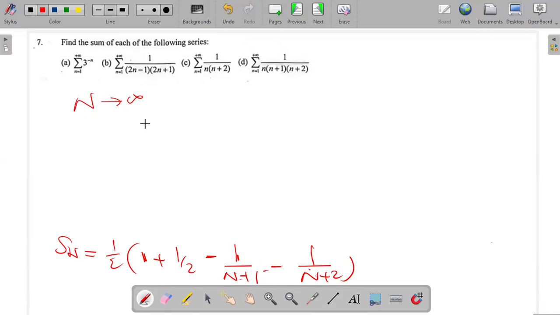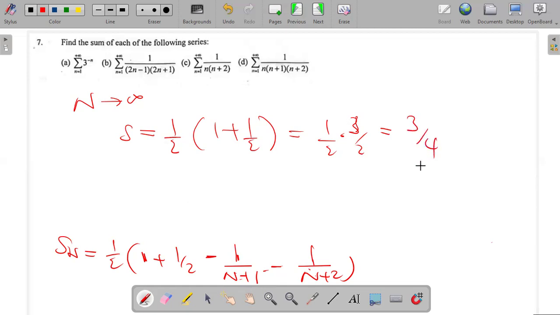Then what I remain with is the sum, which is one half times 1 plus 1 over 2. Adding these, I get 3 over 2, and multiplying by one half gives me 3 over 4. So that is my sum there.